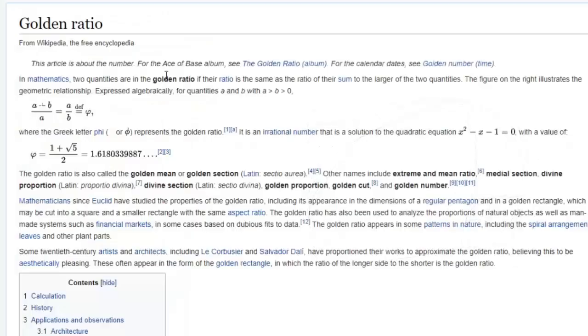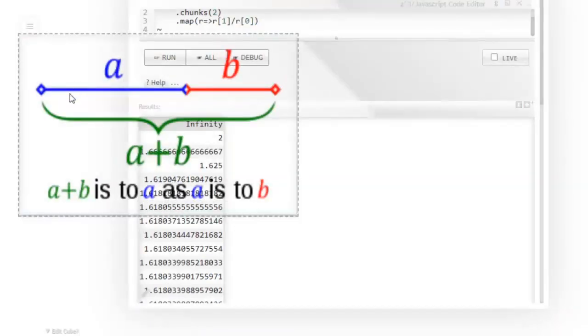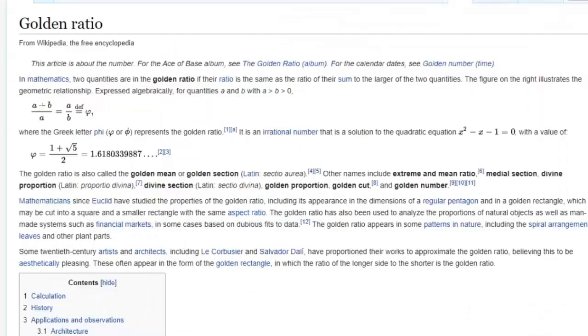Now the golden ratio is essentially the ratio such that if you took a line of length a plus b, with a segment of length a and the smaller segment of length b, and if the ratio a by b equaled the ratio (a plus b) by a, that would be the golden ratio.